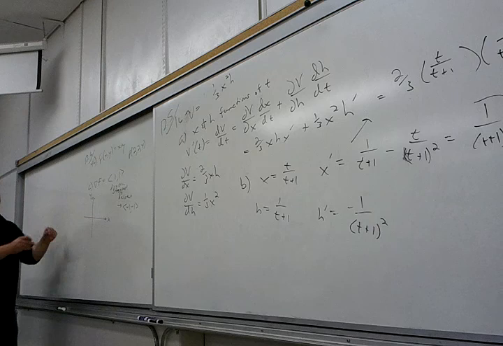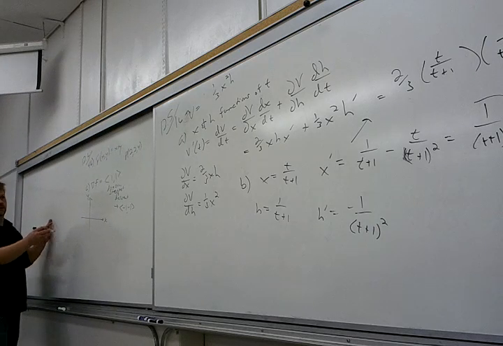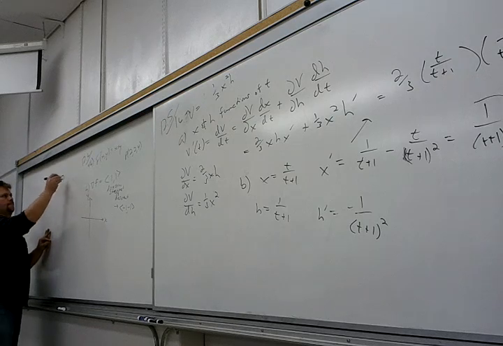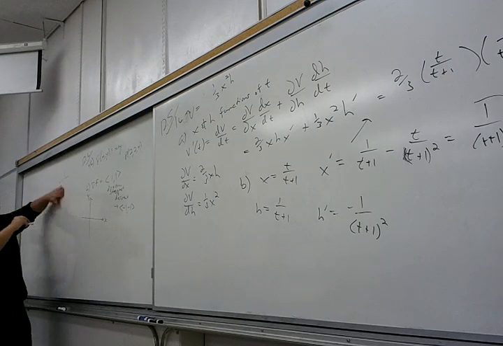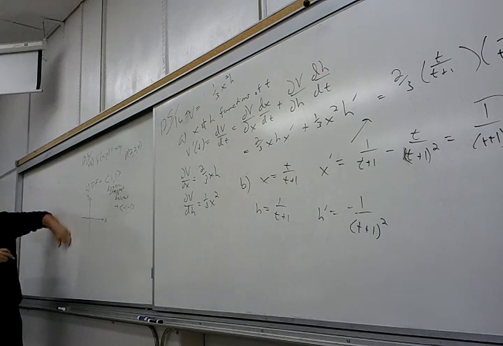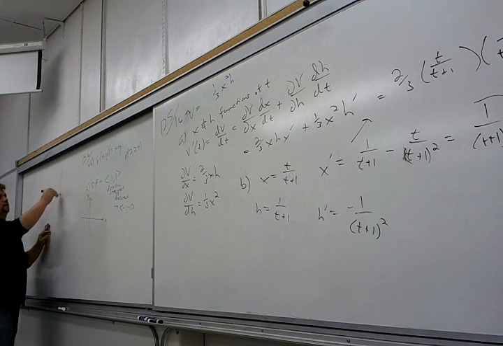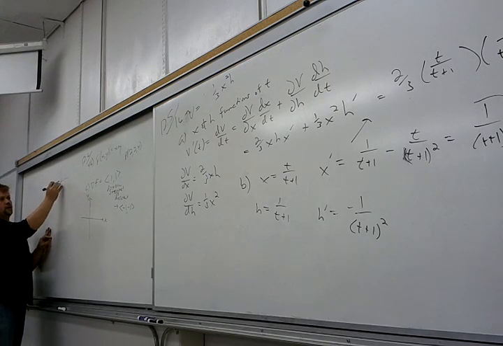So, if I'm at the point 2, 2, 4, let me see, what's the best way to do this? Let me think, it's a nice way to do this. So I'm at the point 2, 2, 4.